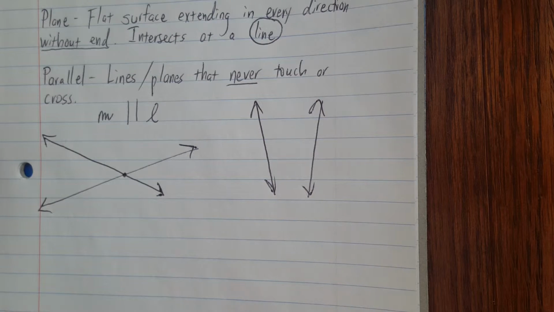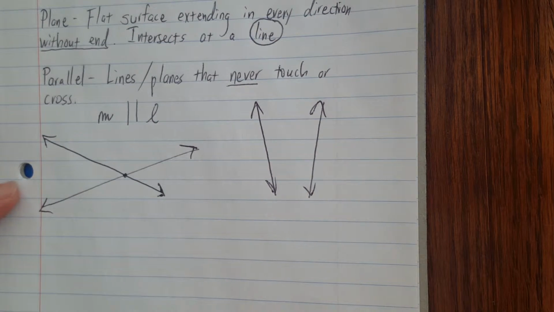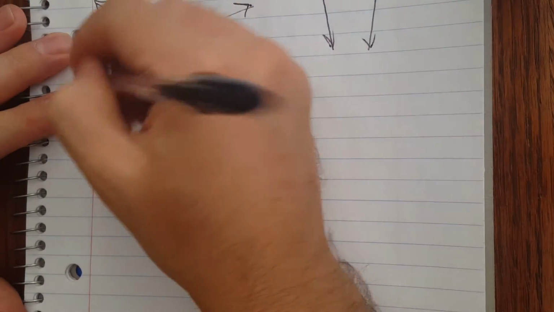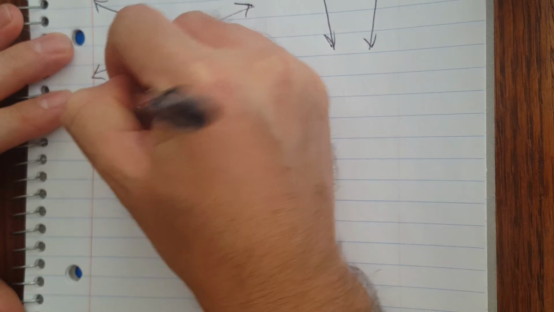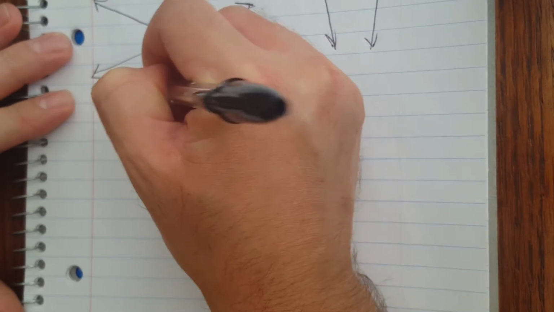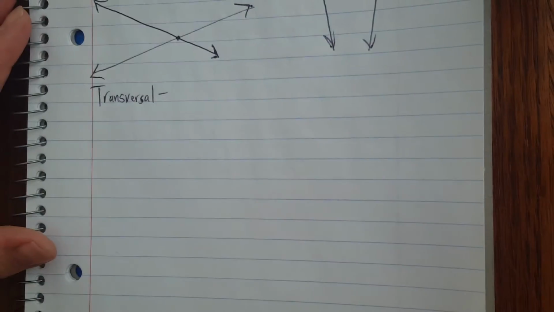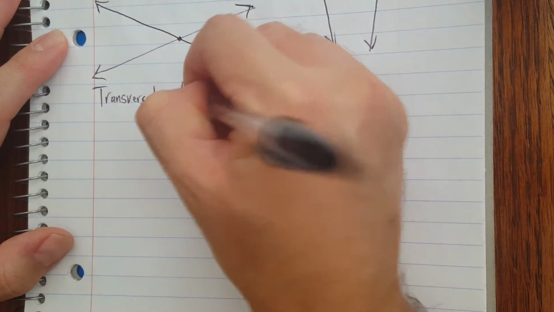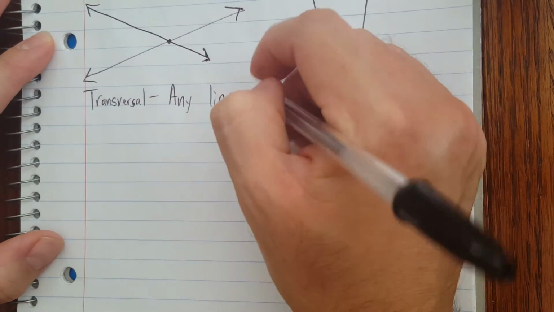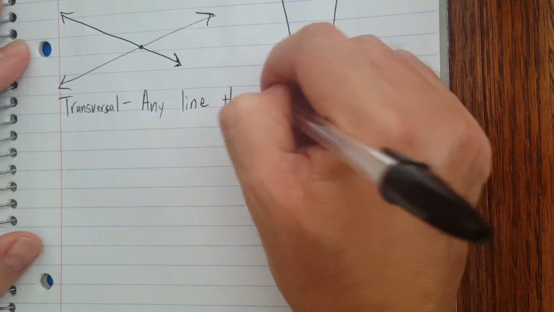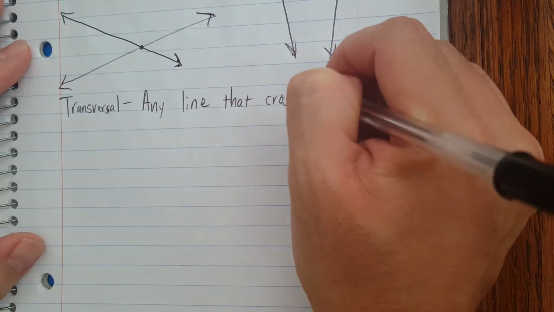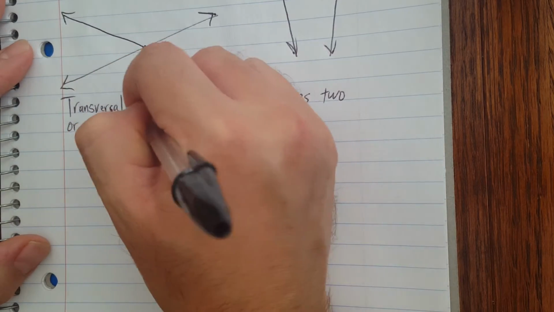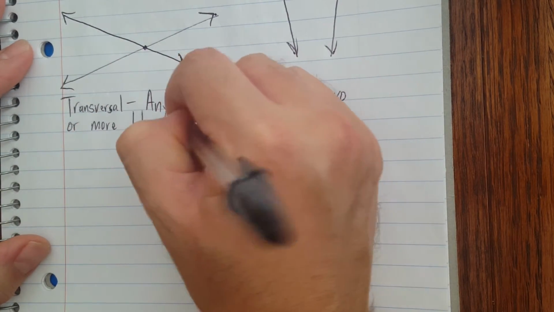Okay, something else that's also important about parallel lines is the concept of a transversal. This will be the last concept I cover in this video. So let's just say you've got a transversal. What does that mean? Well, a transversal is a kind of simple concept as well. It's really just any line that crosses two or more parallel lines.